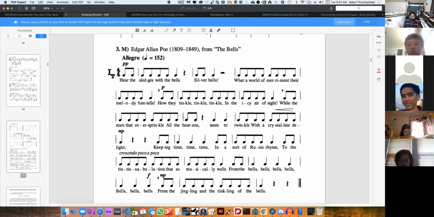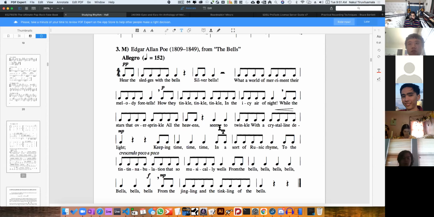Let's try this again. 1, 2, 3. Hear the sledges with the bells. 4. Silver bells. 3, 4. What a world of merriment their melody foretells. How they tinkle, tinkle, tinkle in the icy air of night, while the stars that oversprinkle all the heavens. Might be going a little too fast. Let me slow down. Stars that oversprinkle all the heavens too. Seem, I made a mistake.